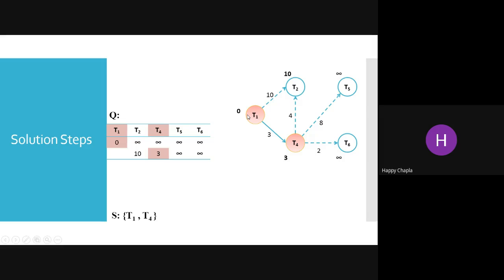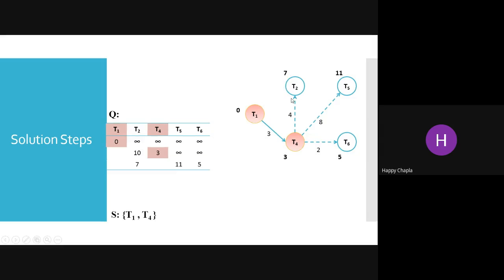And if I am traversing from T1 to T2 directly, then the distance equals 10. So 10 is greater, so I cannot choose that path, but I can select this one because the cost is 3 plus 4, 7. So I am removing that link and remaining with this 2.